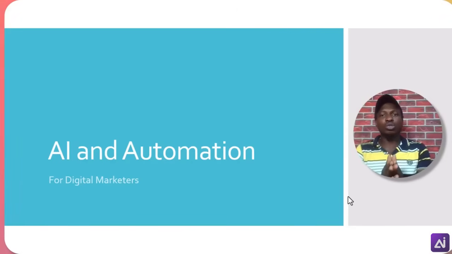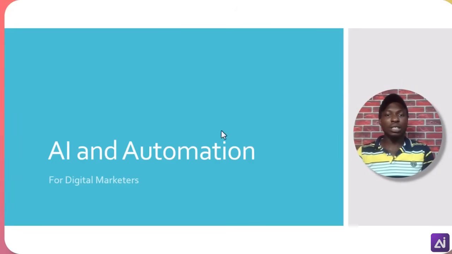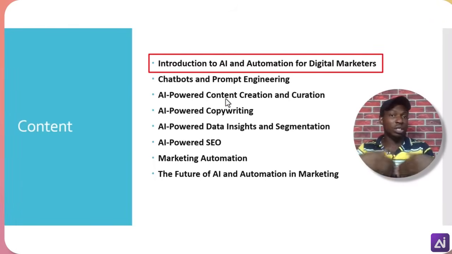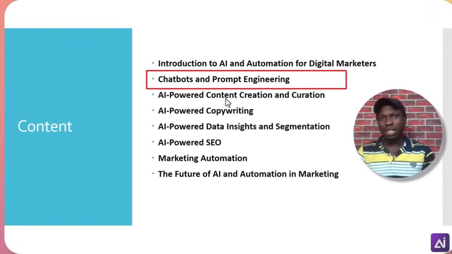So what should you be expecting from this course? Okay, now in this course we're going to look at the following. Number one, we'll introduce you to AI and automation as a digital marketer. We'll look at chatbots like I mentioned earlier, chatbots like ChatGPT, Google's Gemini, X Grok, Claude, and many more chatbots available.